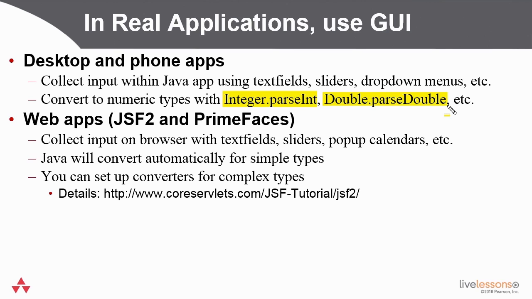Now, you could imagine reading that as a string and trying to convert, and that's what you did in the old days of servlets and JSP. But in the modern web applications, in particular JSF, and an associated widely used library called PrimeFaces, you have user interface controls that already have Java code on the back end that handles the conversion.